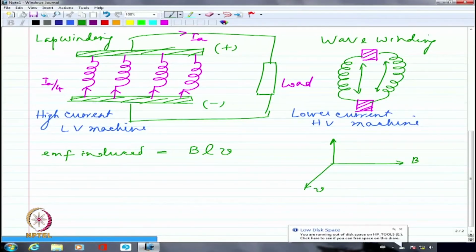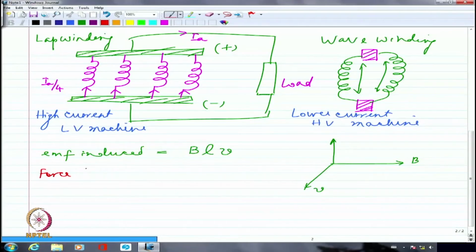Similarly, I should be able to write the force that comes into play when I have B and I. If a current carrying conductor of length L is placed in a magnetic field which has a flux density of B, it will create a force which is BIL, where I is the current carried by the conductor, B is the flux density in which it is placed, and L is the length of the conductor.